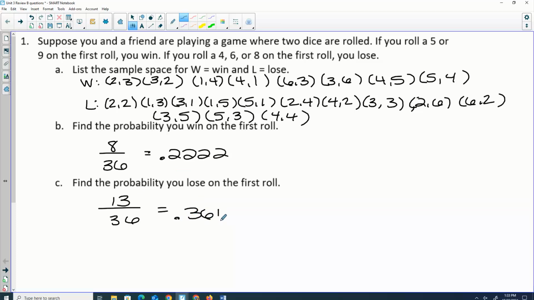Is that one okay? How did you get to 36 again? I thought about when you roll the first die, there's 6 options, and the second one, there's 6 options. So 6 times 6.